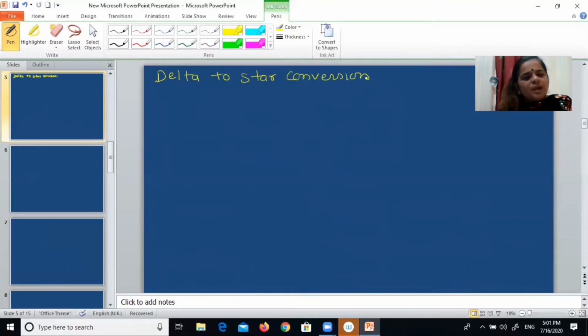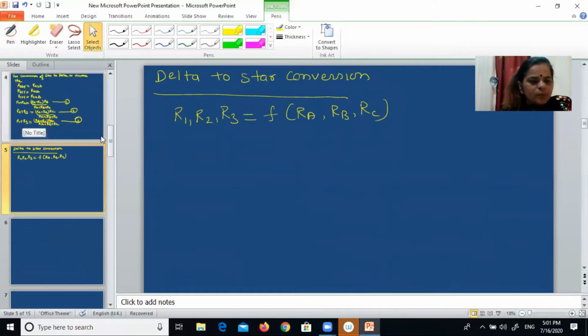So what is the meaning of delta to star conversion? With the help of delta to star conversion, we are going to determine the values of R1, R2, R3 as a function of RA, RB and RC. And you know what the equations are.